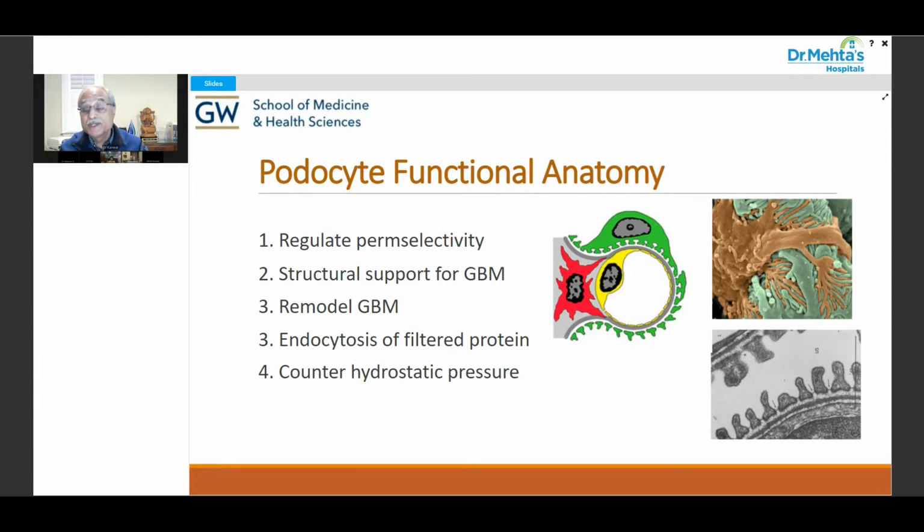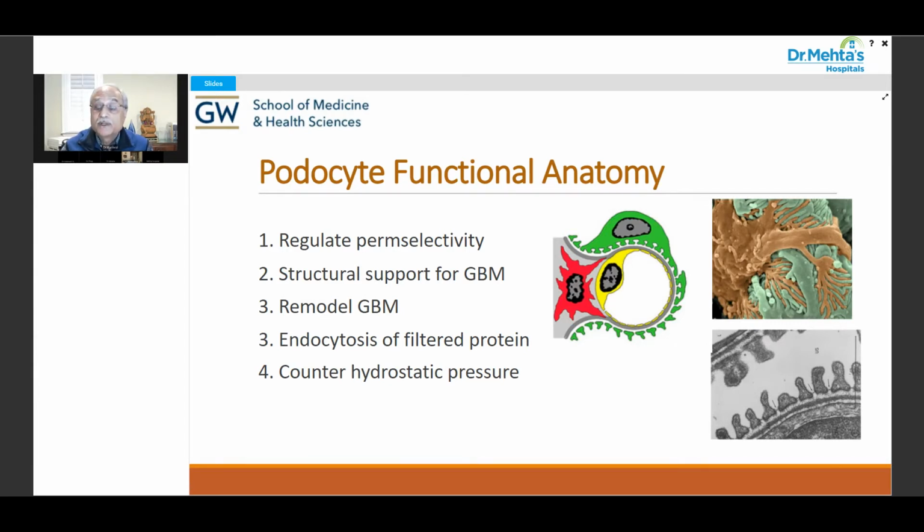And also the transition of the juvenile form of GBM, which consists of alpha-1 and alpha-2 collagen type 4, to the adult variant, which is alpha-3, 4, and 5. All that switch happens because of podocytes. Therefore, podocytes are extremely important for remodeling of the glomerular basement membrane.